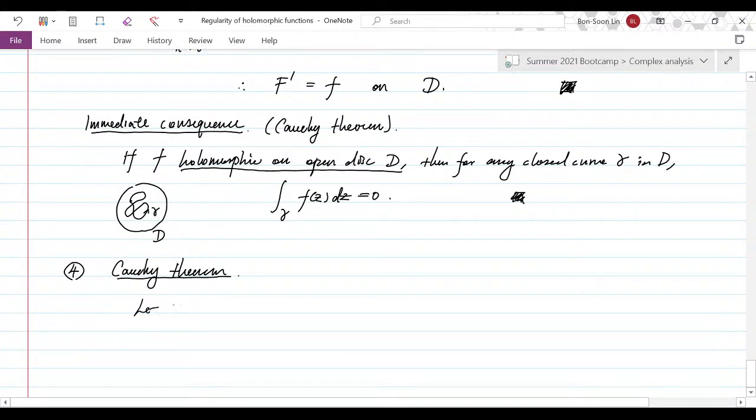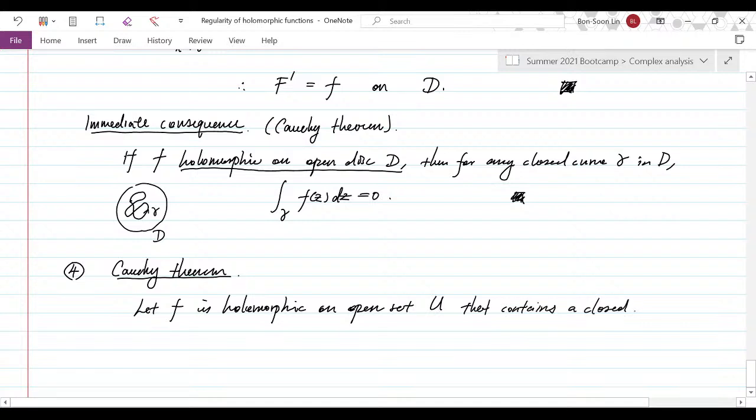So suppose f is holomorphic on an open set U that contains a closed disk D bar, so it contains not just the open disk, but also its boundary.